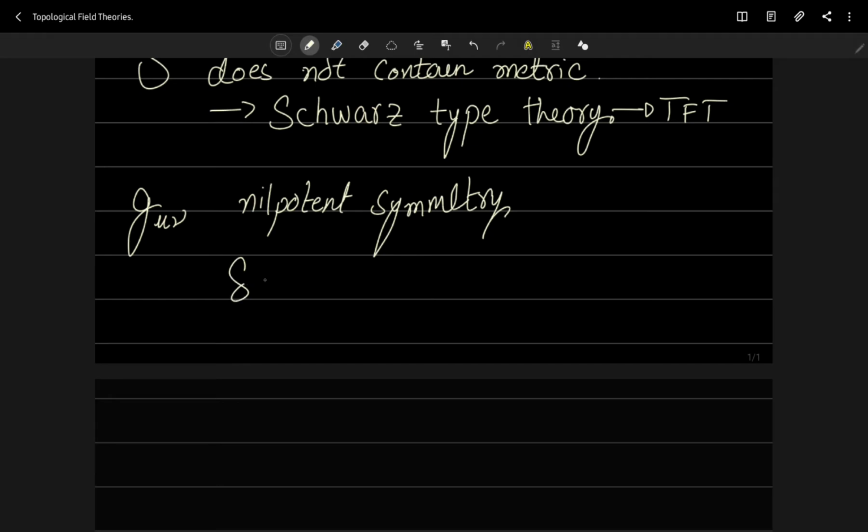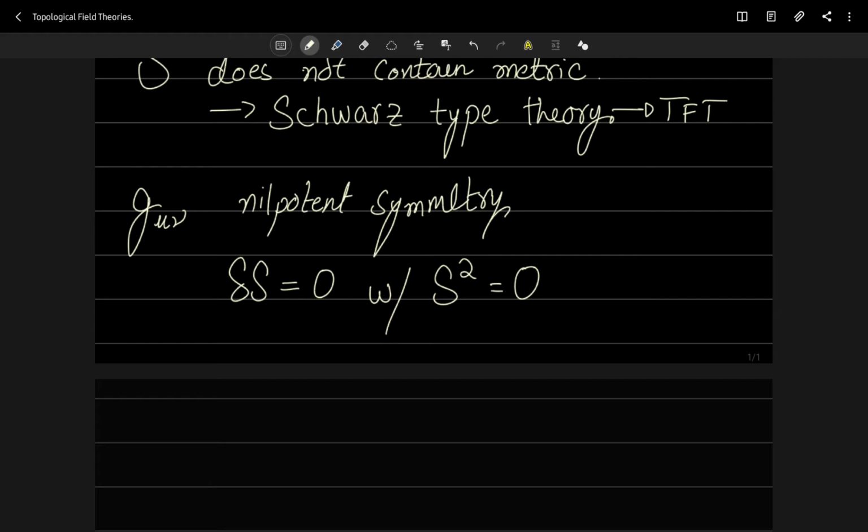So suppose delta S is 0 with delta squared equal to 0. And then one can demonstrate a class of its correlation functions that are independent of its metric indices.